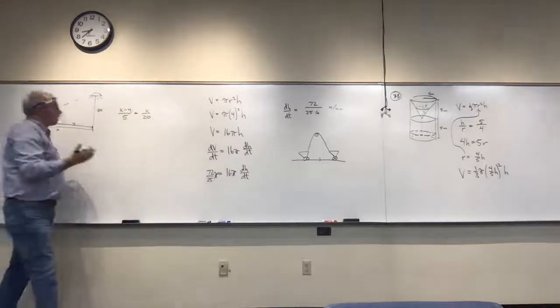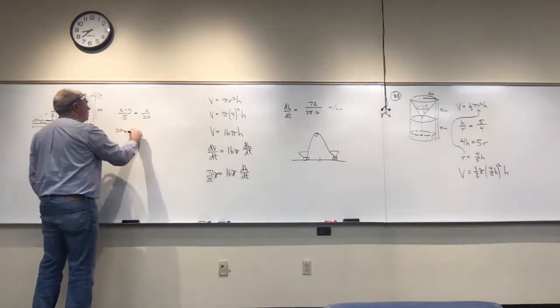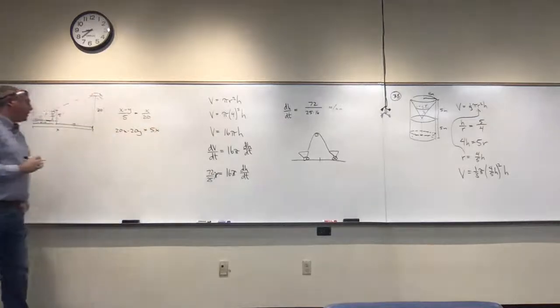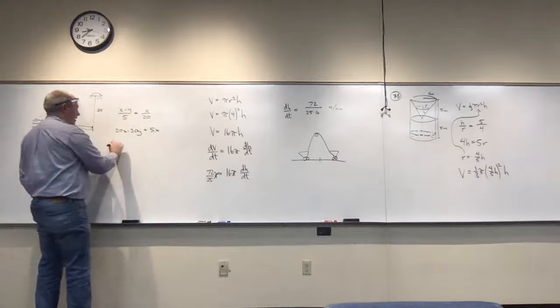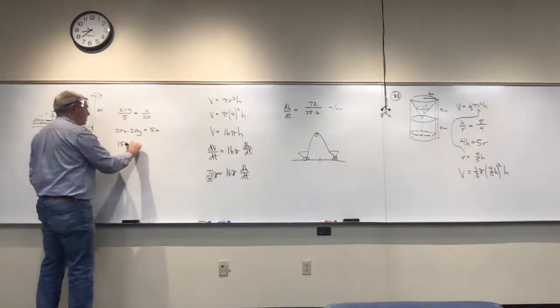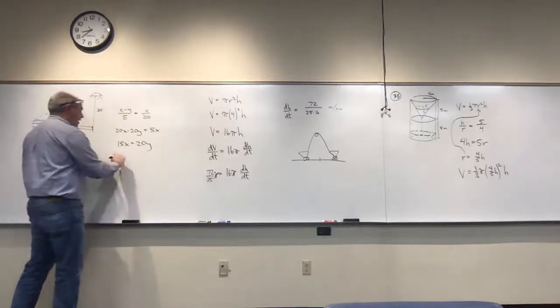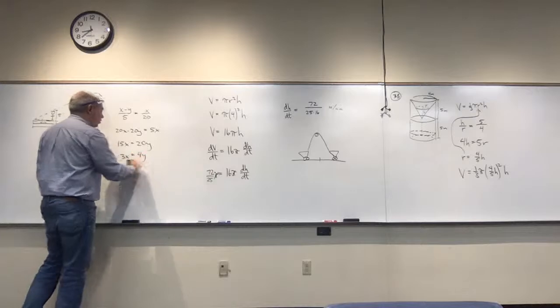Now I could cross multiply again and get 20x minus 20y is equal to 5x. So I could move the 5x over here and get 15x is equal to 20y. Divide both sides by 5, and I get 3x is equal to 4y.